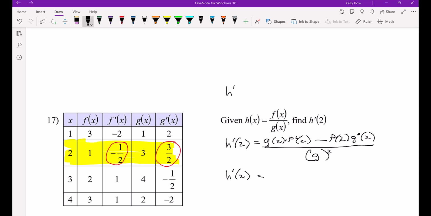Okay, so g is 3. F prime is, I'll put them in parentheses, -1/2, minus f, which is 1, and g prime is +3/2, and all of that is over g, which is 3 squared.